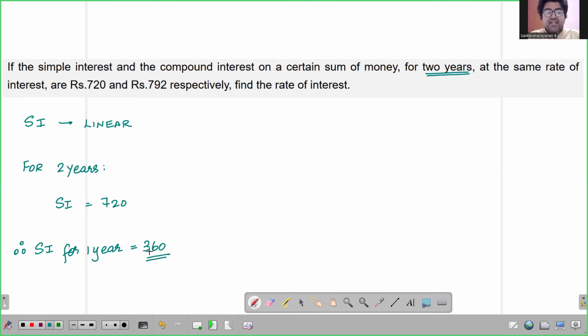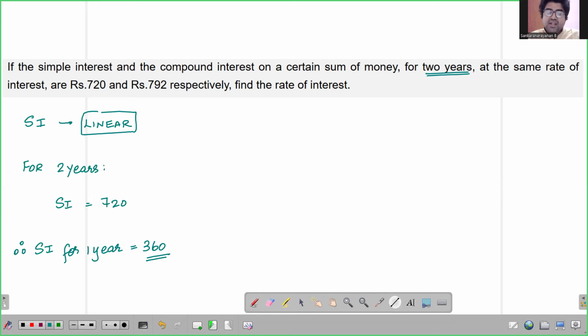This is the simple interest for 1 year. So for 1 year it is 360, for 2 years it is 360 into 2, for 3 years it is 360 into 3, for 7 years it will be 360 into 7. That's what I meant when I said linear nature.